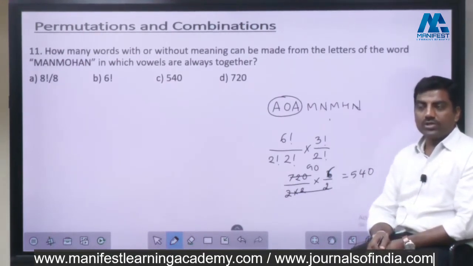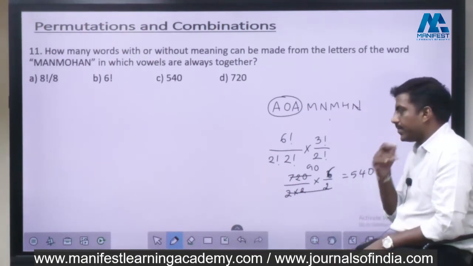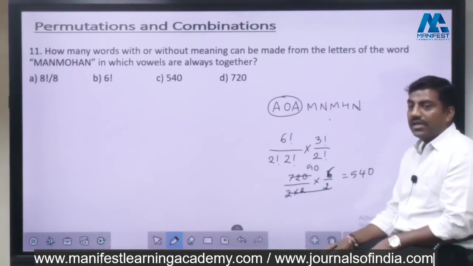So according to the condition also you have to take. First, look at the condition and treat that as one single letter or one single unit. Look at the number of units, then look at the repetitions. Done?